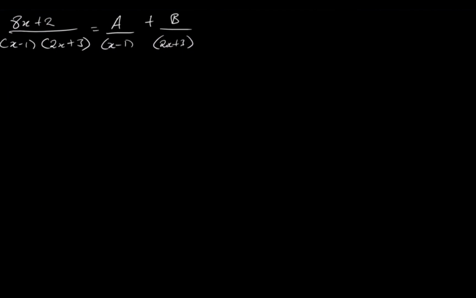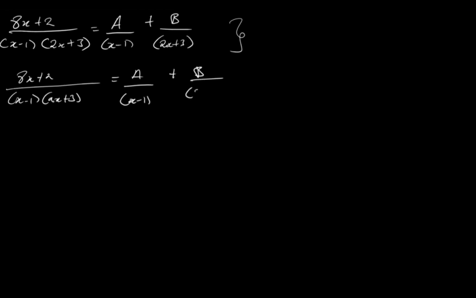After I have that, I can now fix it. Upon expressing it in this form, all you have to do is multiply the top and bottom by the main denominator. So having a over x minus 1 plus b over 2x plus 3, multiply everything by x minus 1 and 2x plus 3.